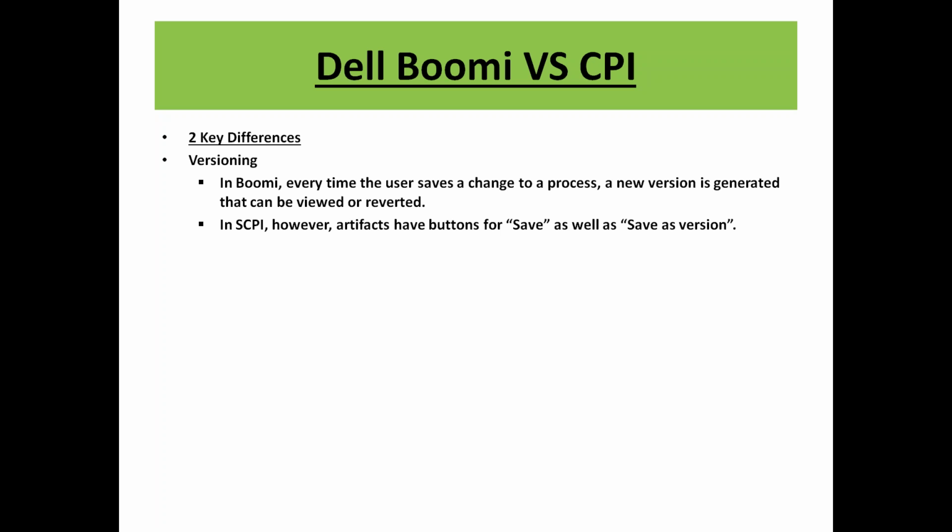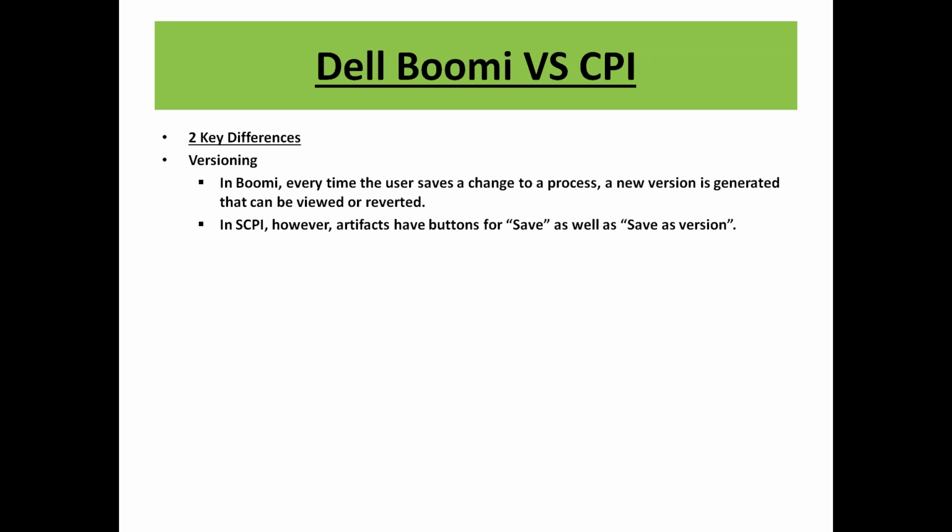Got it? But in CPI, we need to explicitly mention the version. Suppose first we develop some iFlow. We need to save it, then it will ask for the version number. In the next version, if you don't mention any new version, it will continuously save to the current version.